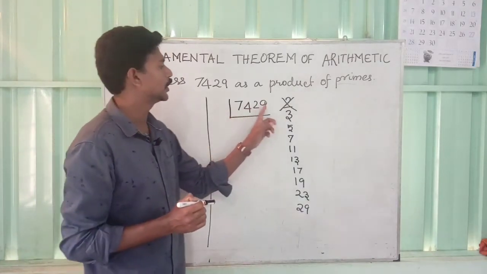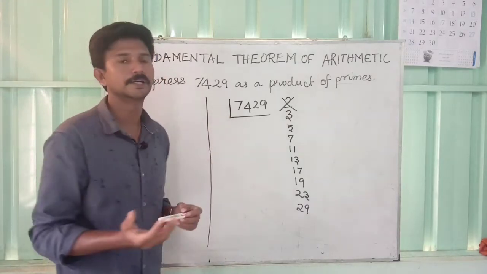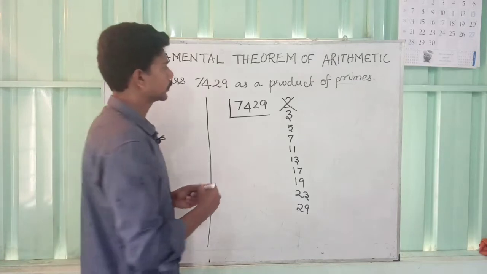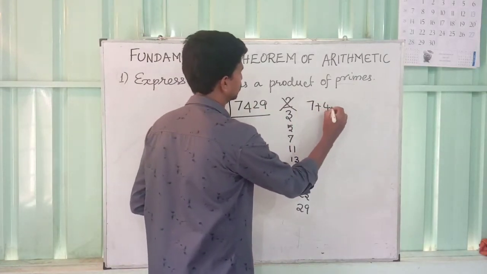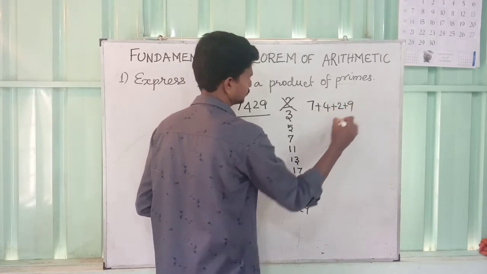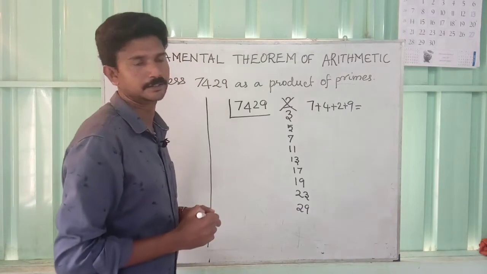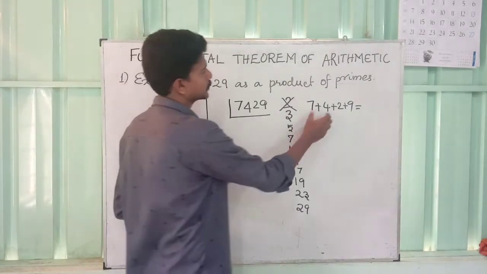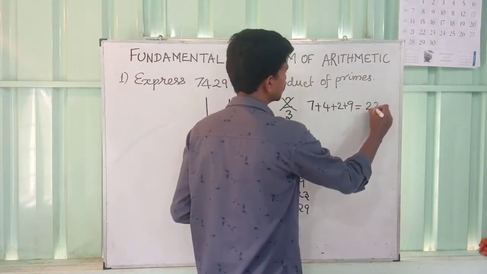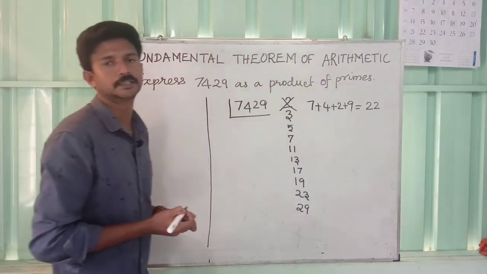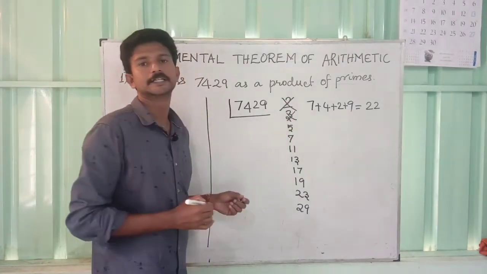If you add all the digits, the sum should be 3 or a multiple of 3. For example, we add 7 plus 4 plus 2 plus 9. When you add everything, what do we get? 7 plus 4 is 11, and 2 plus 9 is 11. So 11 plus 11 is 22, which is not a multiple of 3. So it is not divisible by 3.